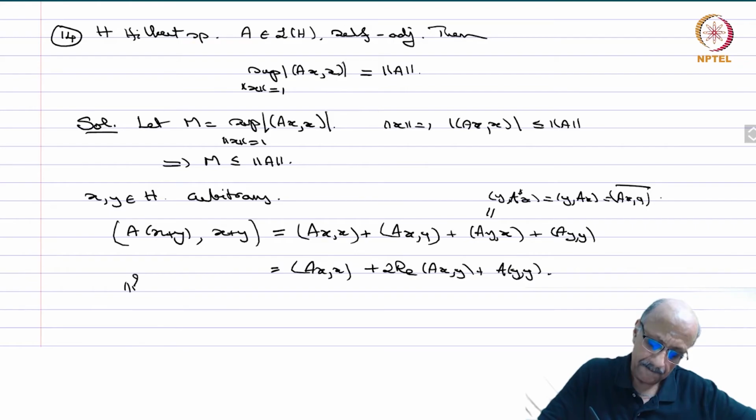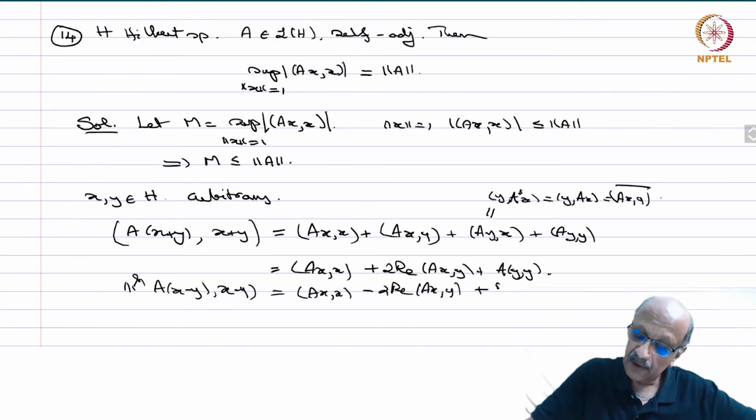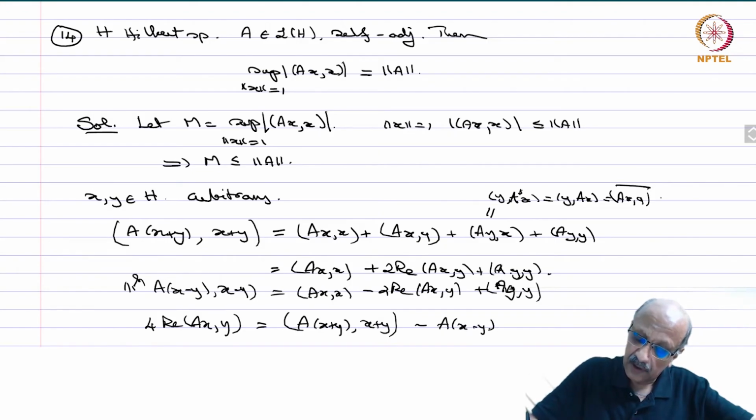Similarly, A of (x minus y, x minus y) will be equal to A(x,x) minus 2 real part of A(x,y) plus A(y,y). So when you subtract, you get 4 times real part of A(x,y) is equal to A of (x plus y, x plus y) minus A of (x minus y, x minus y).